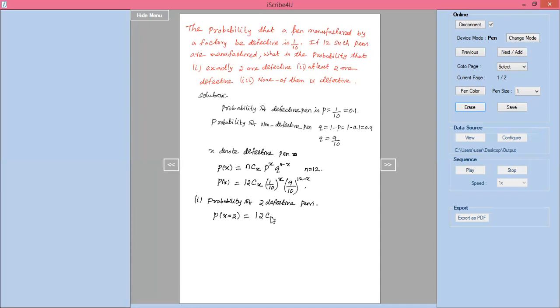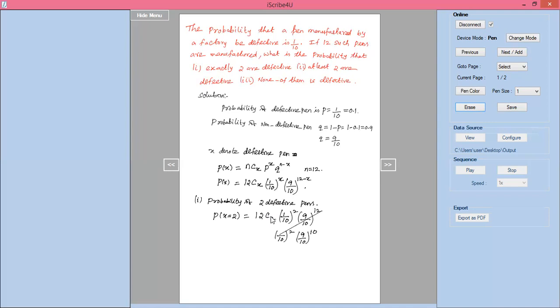Putting X equal to 2, I can write 12C2 into 1 by 10 whole square into 9 by 10 whole power 12 minus 2, which is 9 by 10 whole power 10.